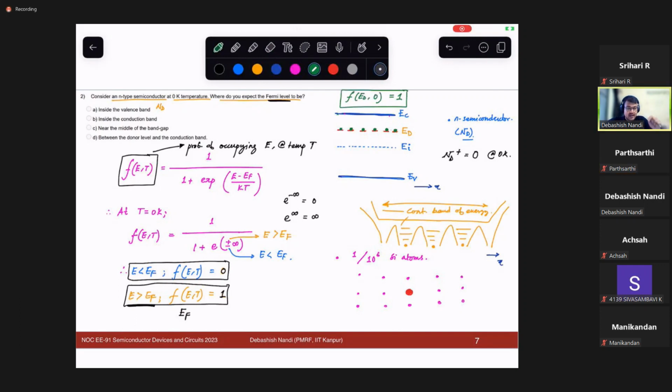Probability of finding an electron at Ed, the dopant energy level, at 0 Kelvin is 1. That means at 0 Kelvin your Fermi level has to be in this place, in this region.